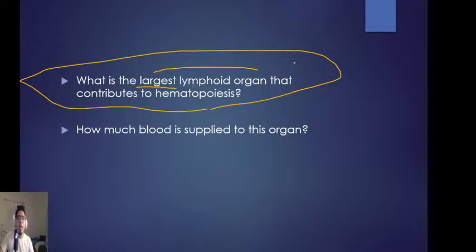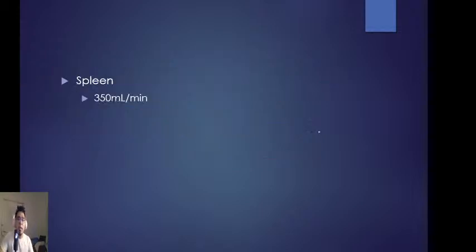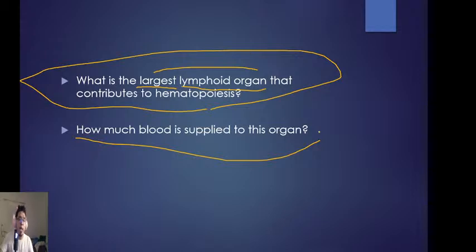How large is the thymus? How large is your bone marrow? Is the bone marrow considered a lymphoid organ also? So the spleen is actually the largest. It supplies approximately 350 ml per minute.